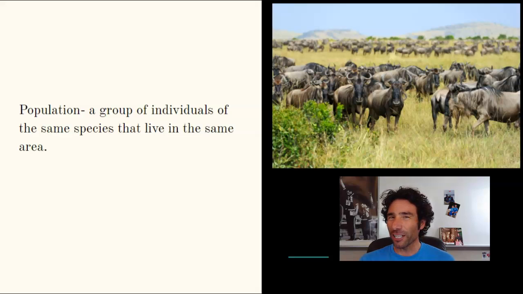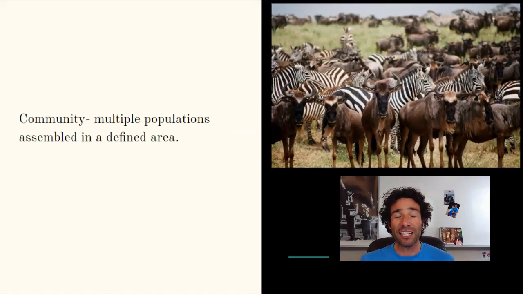Now, of course, that's not usually the way things work out in nature, though an ecologist might just be studying one population. They are often mixed in with other groups of living things, and that's what makes a community. So a community is multiple populations within an area, kind of commingling together.